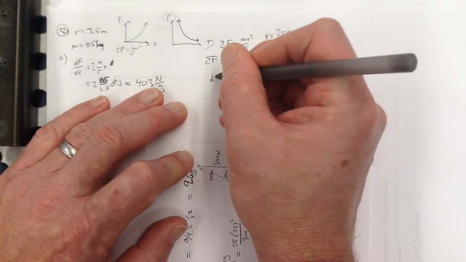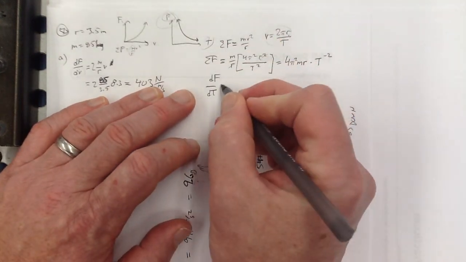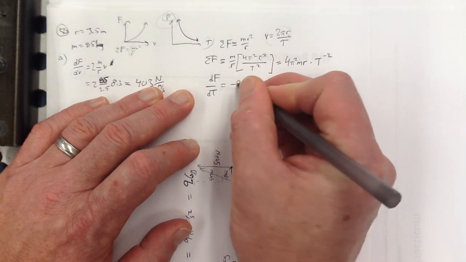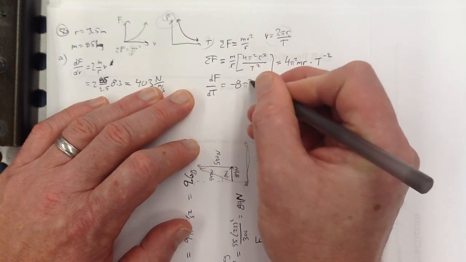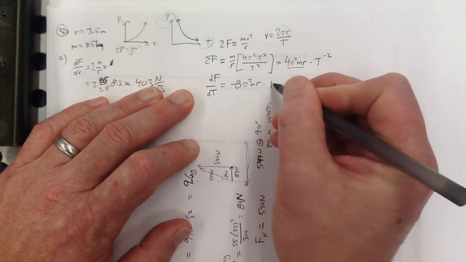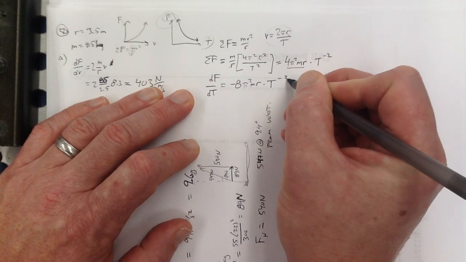So the derivative, in other words, slope of this graph, is equal to, multiply the negative 2 here, negative 8 pi squared m r, that's all just a constant, times T to the negative 3.